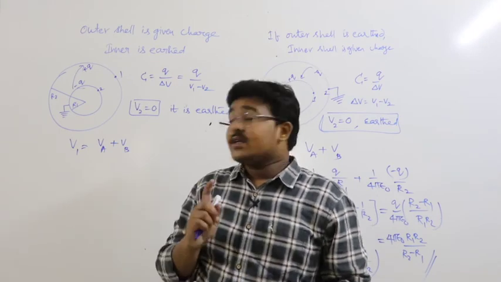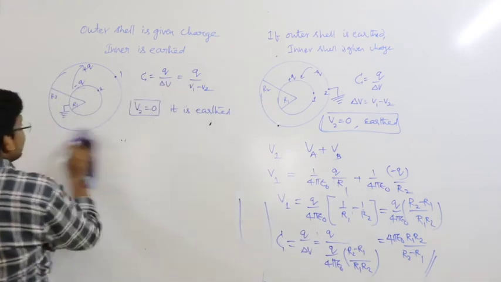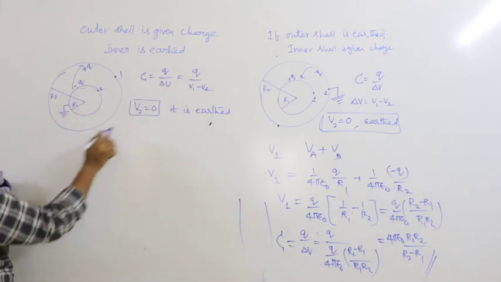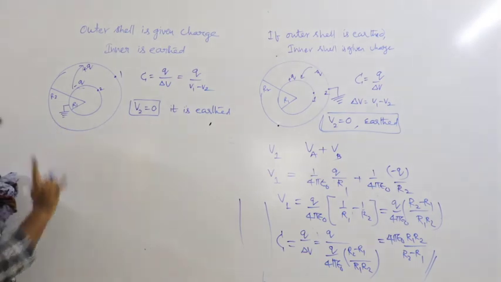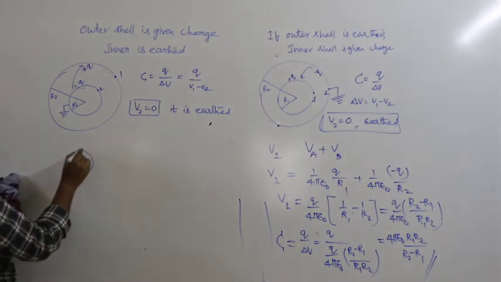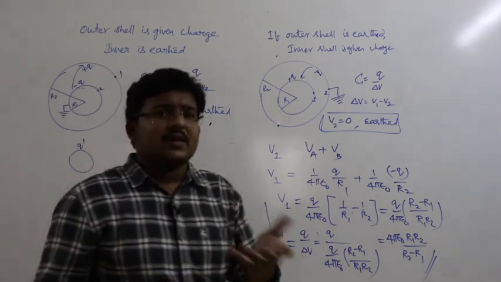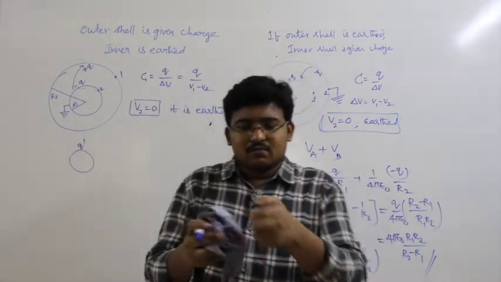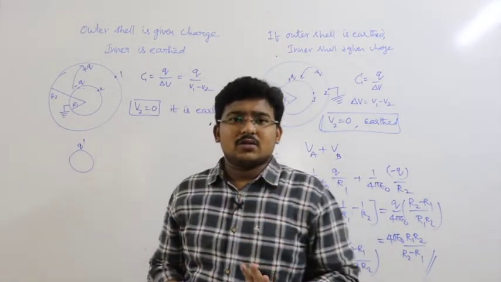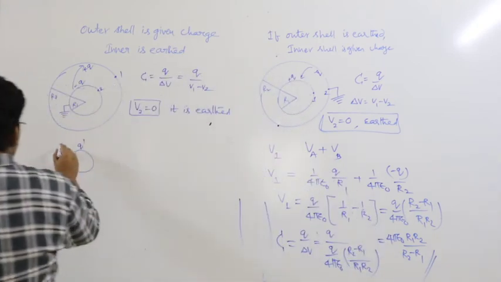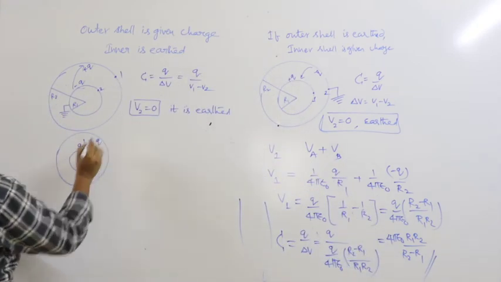Means the initial condition they gave, the inner shell is earthed, means V2 is 0. So what I will take is the inner shell having some charge q dash, means after the final distribution, after the grounding, q dash is the charge. Now the outer shell, you already know it is plus q.